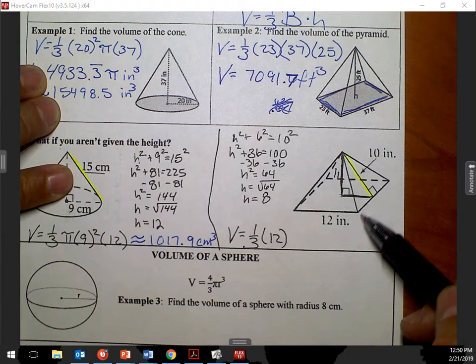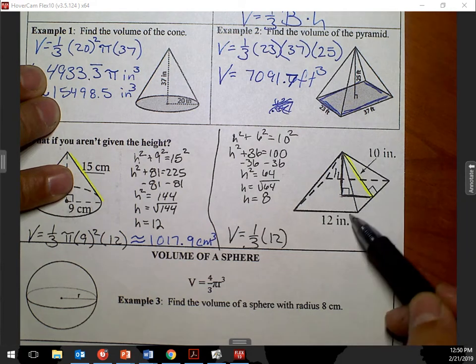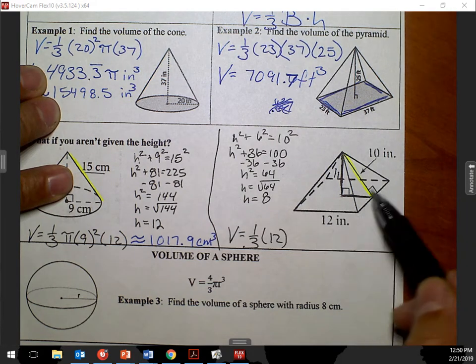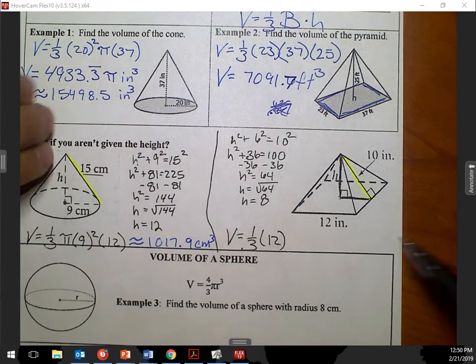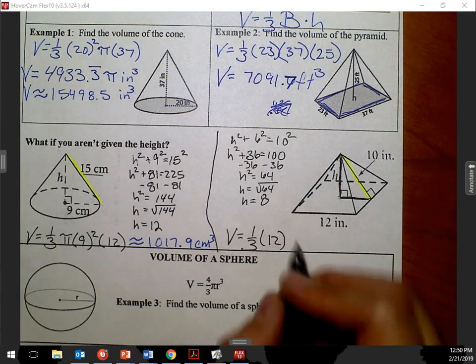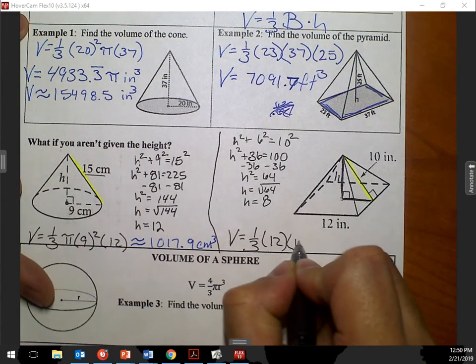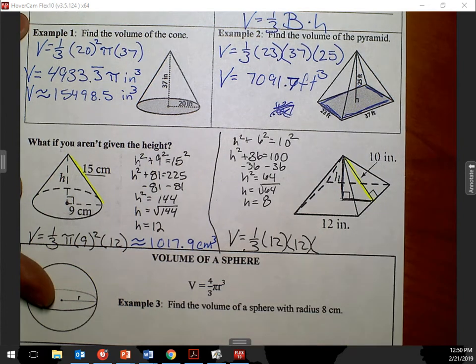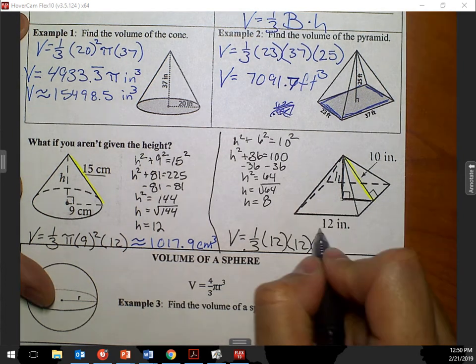It's going to be 12 again. Whenever it only gives you one side, it's implying a square base. It is a square pyramid. So this is going to be 12 and 8.